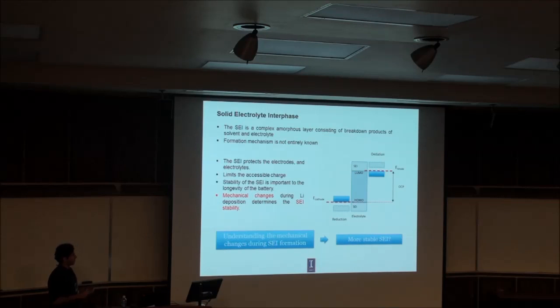So we can have an extended window of potential. This SEI layer is an amorphous layer, so it has a lot of different things in it: inorganic compounds, organic compounds. And we want to see what the mechanical effect of this layer is on the electrode in lithium-ion battery anodes.